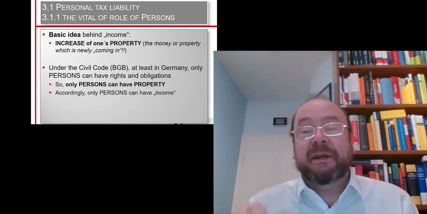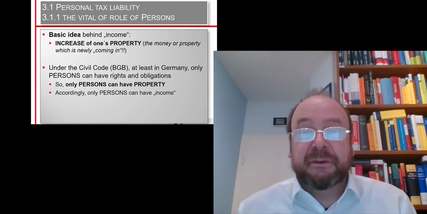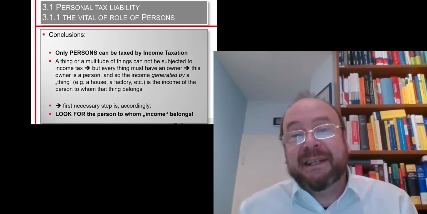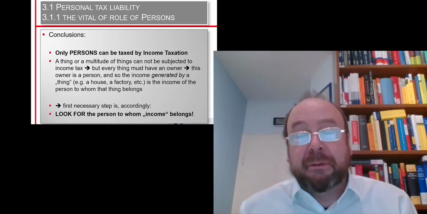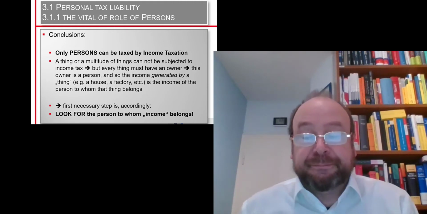And then only persons can get richer if the value of that property increases. So first step is logically only persons can have an income, because only persons can have property which can go up. So only persons can be taxed by income taxation.